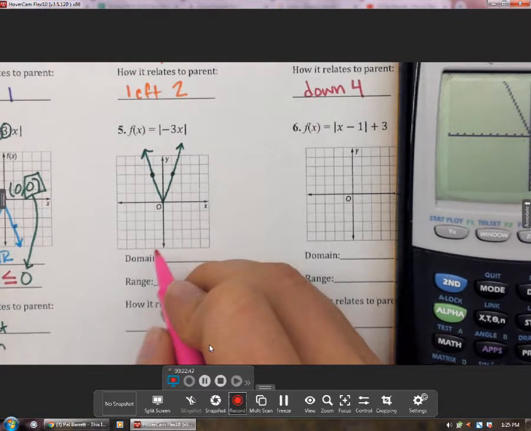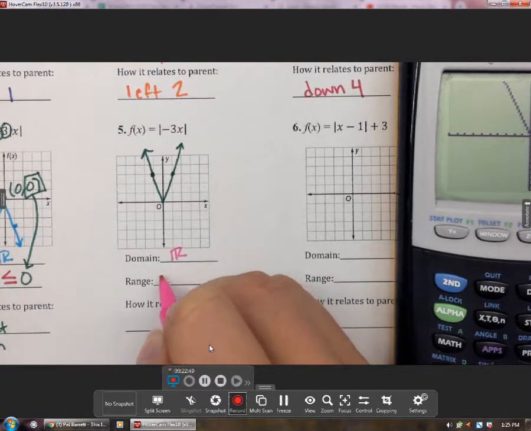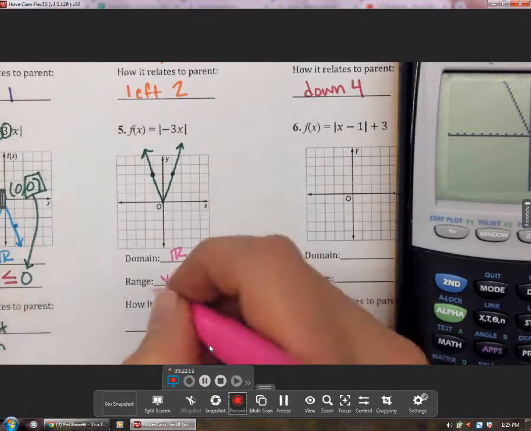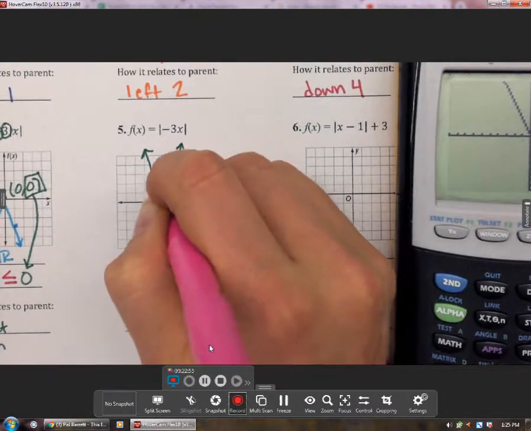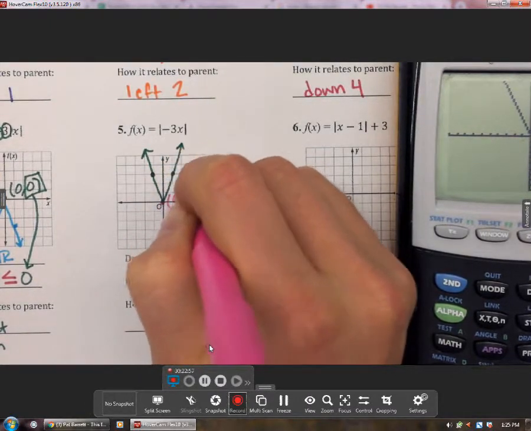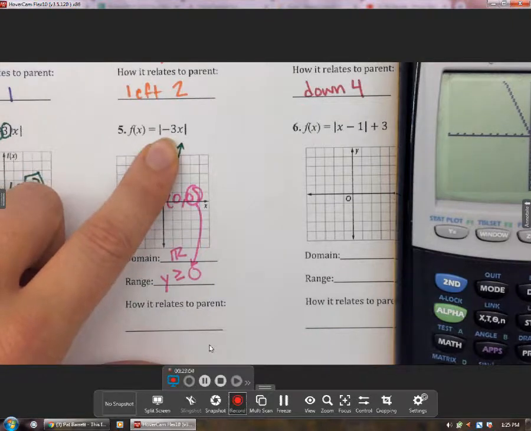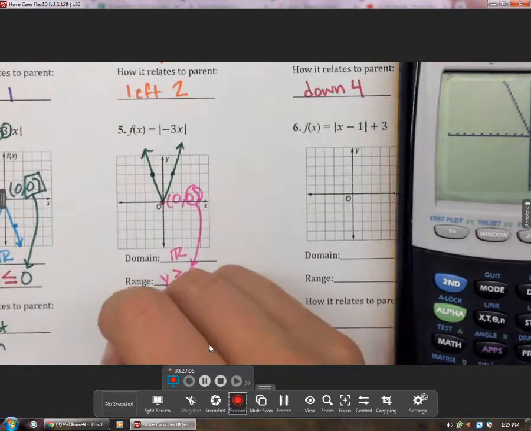The domain, it's all real numbers. The range, y is greater than or equal to, this is still the point 0, 0. How it relates to the parent, it did not flip. It just got stretched.